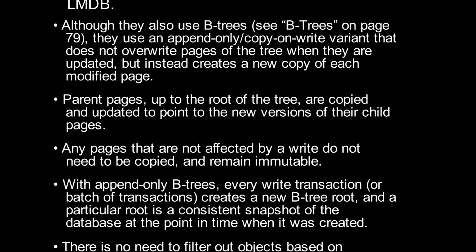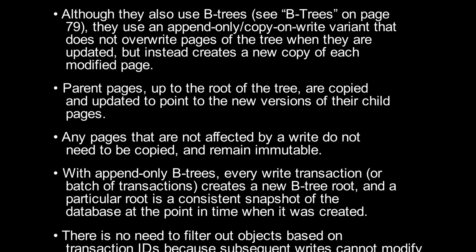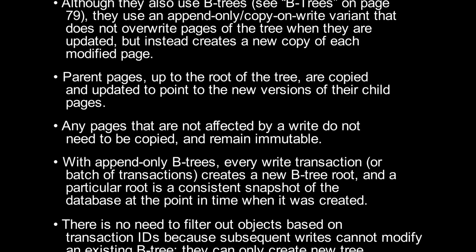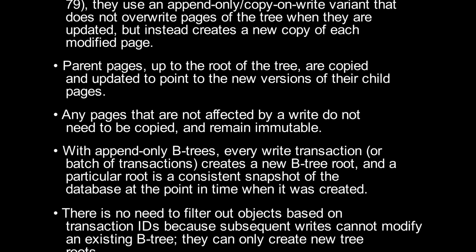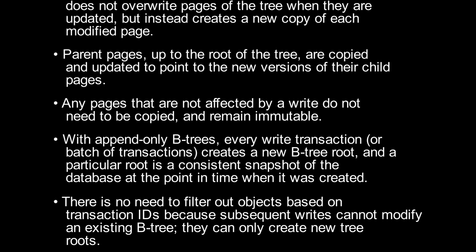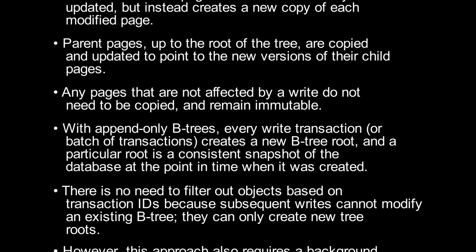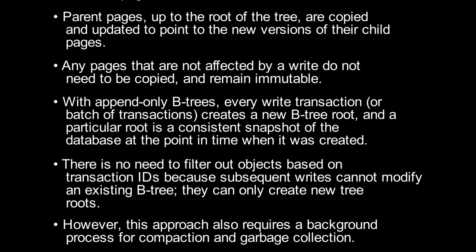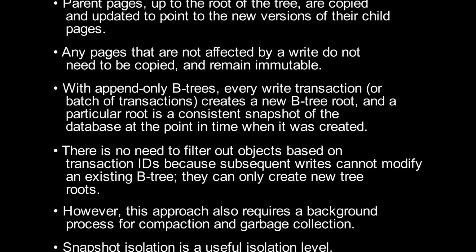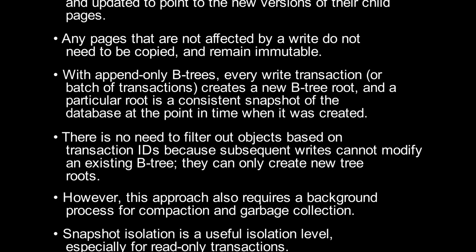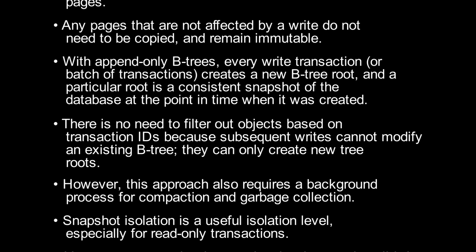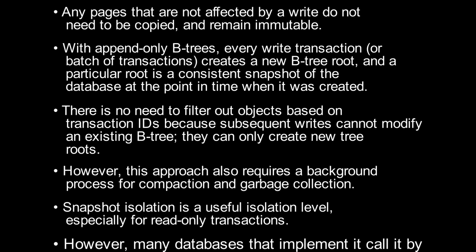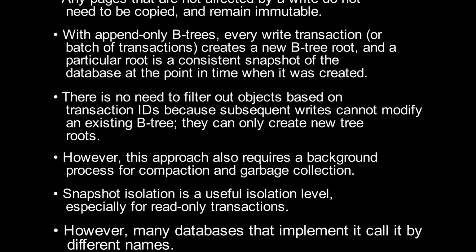With append-only B-trees, every write transaction or batch of transactions creates a new B-tree root, and a particular root is a consistent snapshot of the database at the point in time when it was created. There is no need to filter out objects based on transaction ID, because subsequent writes cannot modify an existing B-tree. They can only create new tree roots. However, this approach also requires a background process for compaction and garbage collection.